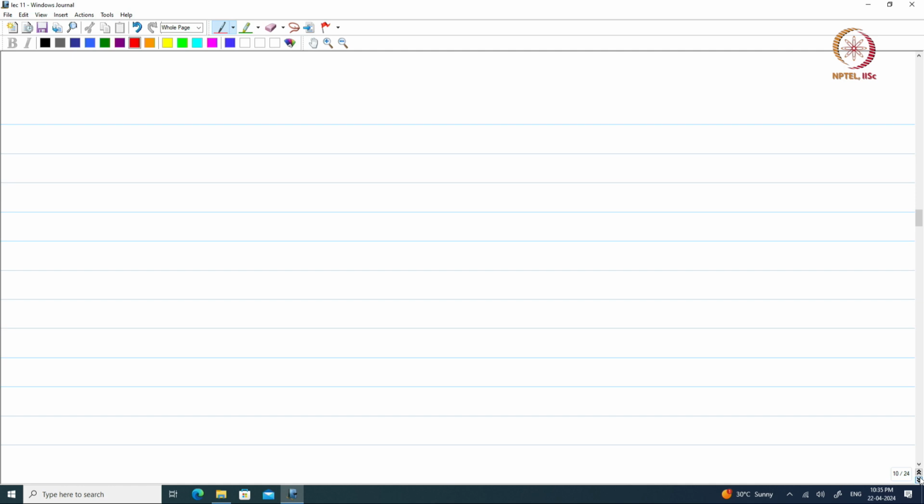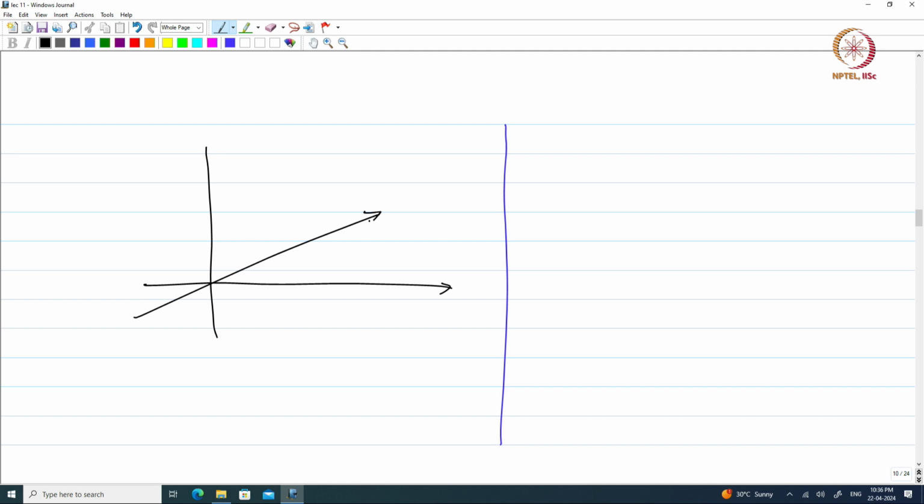Now, let us have a look at how things are. I have the coordinate axes, and let me take this to be the plane p pi. I am going to have a vector orthogonal to p pi, and I am going to define it as the vector u.